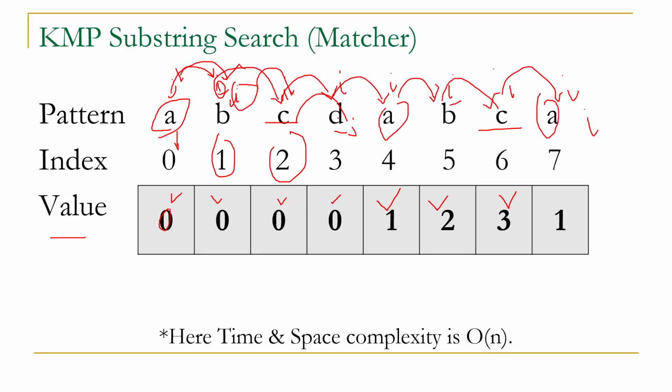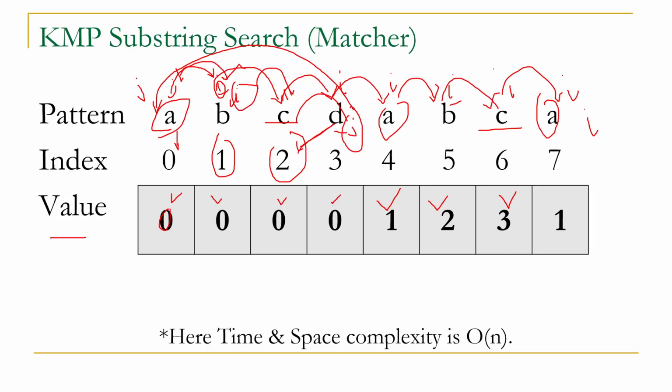Then we can check the previous index of J. Previous index of J is 2, and then we will go to the two, sorry, here the previous index value. We have to check the previous index value, which is 0. Then we have to go to the 0 index of J. Then J is in here, 0 index.